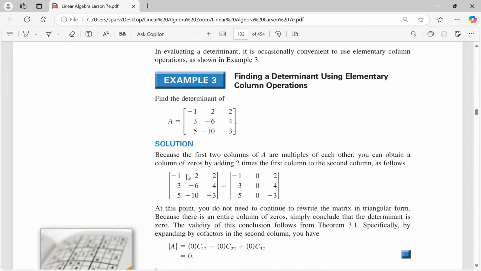If you multiply the first column by negative 2, every element by negative 2, negative 2 times negative 1 is 2. Negative 2 times 3 is negative 6. Negative 2 times 5 is negative 10. So he says, I'm going to obtain this new column by multiplying twice the first column plus column 2, and then replace column 2. You get 0, 0, 0 like that.